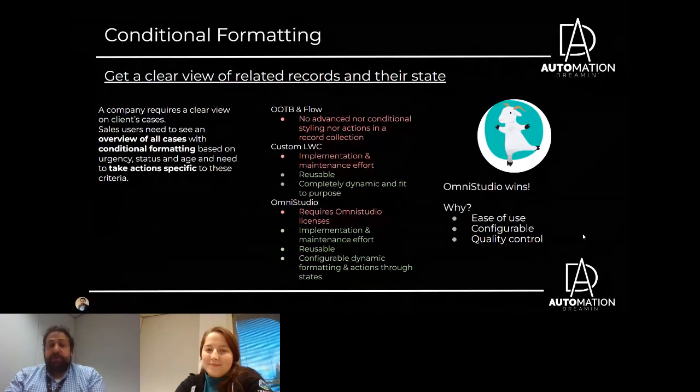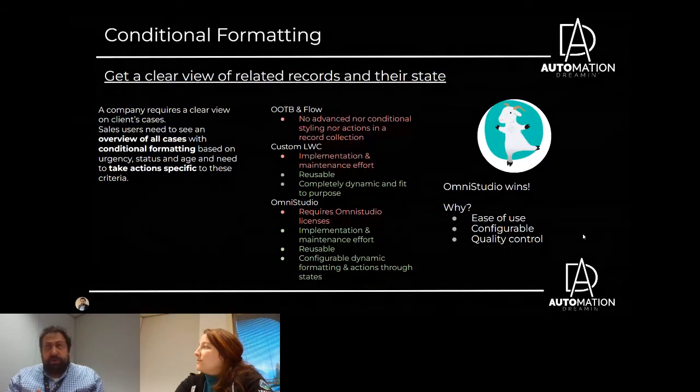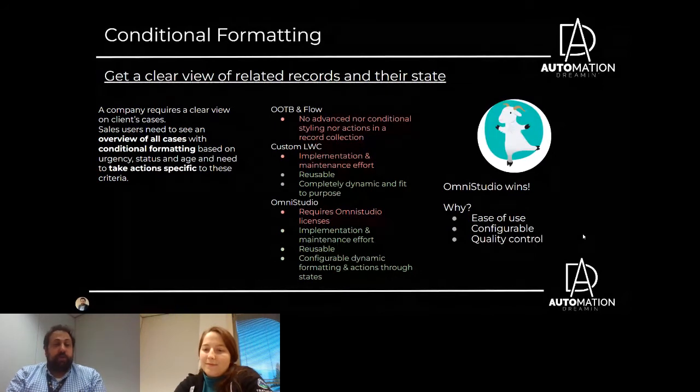So if we look at the out-of-the-box and Flow, we see that there is a big limitation on advanced conditional styling. Neither out of the box nor Flow really supports advanced conditional styling, nor actions in a record collection. So this will be kind of tough to use for this use case.